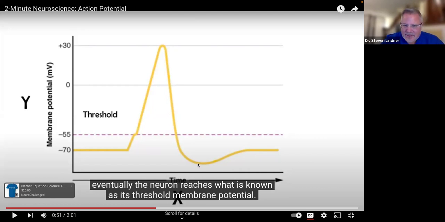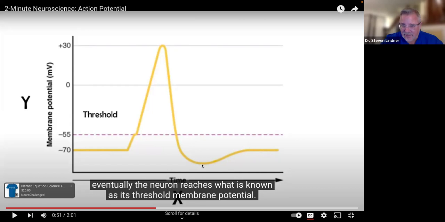And when it dips in a more negative direction, more negative than the resting membrane potential, right? If I were to draw this line straight out, we'd be here. But this drop became more negative. That's because the potassium channels are slower to close. So more potassium leaks back into the cell, right?